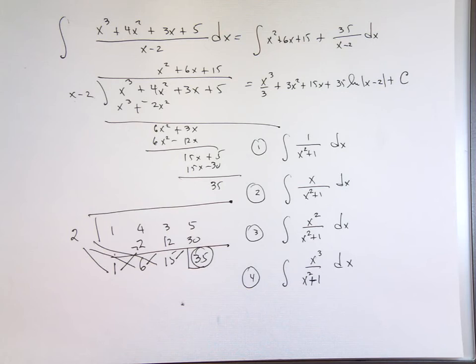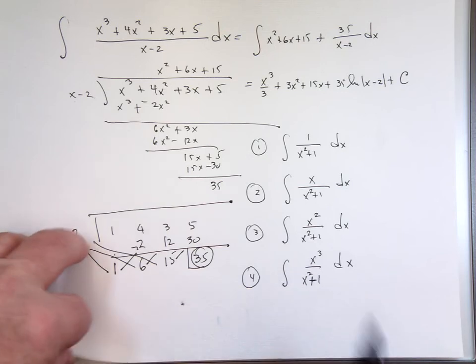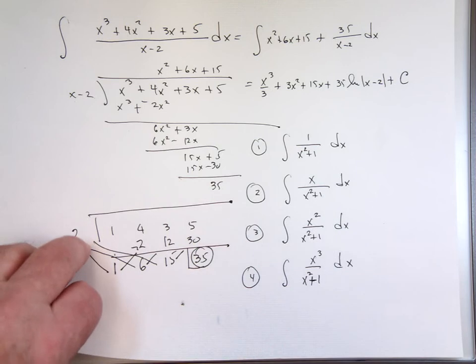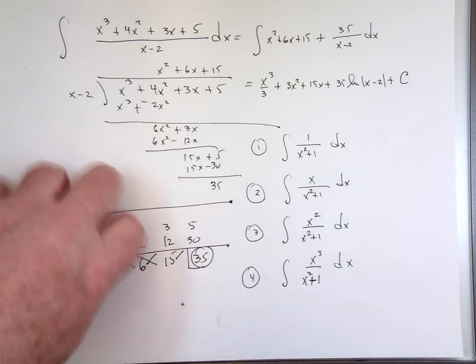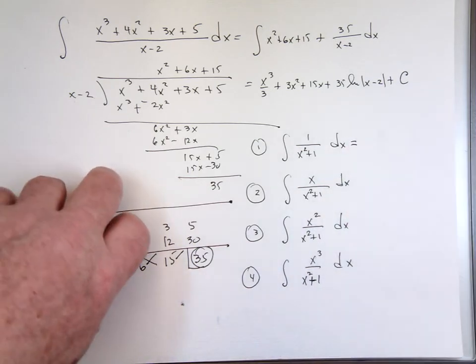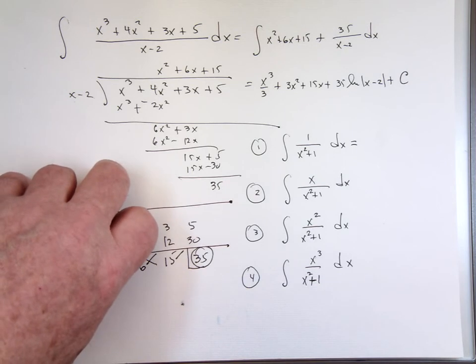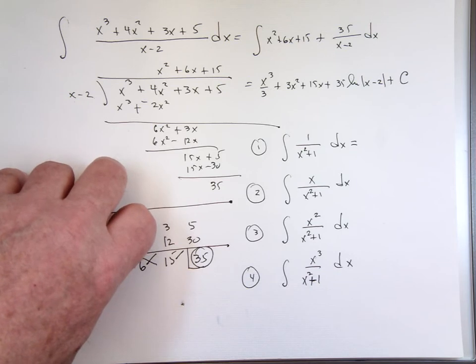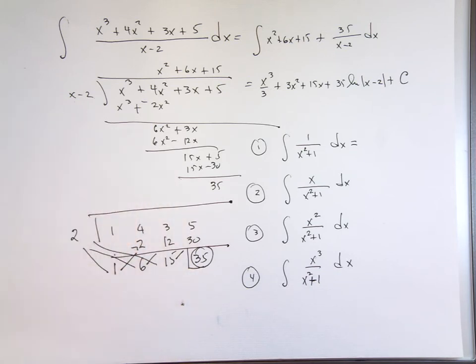All right, let's take a look at these four. First one. What is it? Natural log of x squared plus 1? No. x cubed over 3 plus x? No. The natural log of x squared plus c? No. Here's the deal. If you let u equal x squared plus 1, which is what you would think you would do, the du is 2x dx.